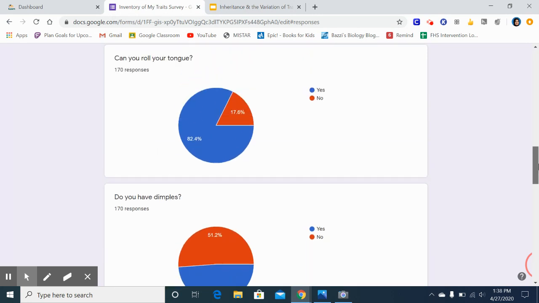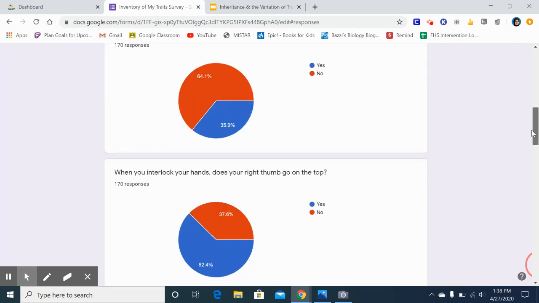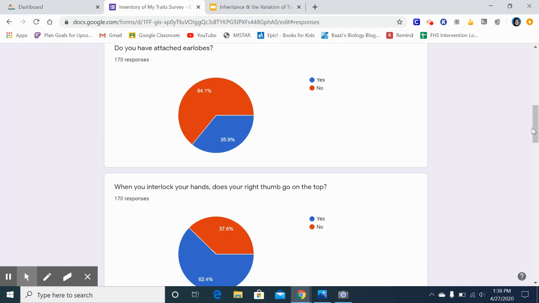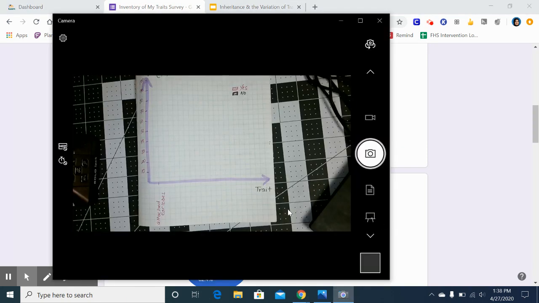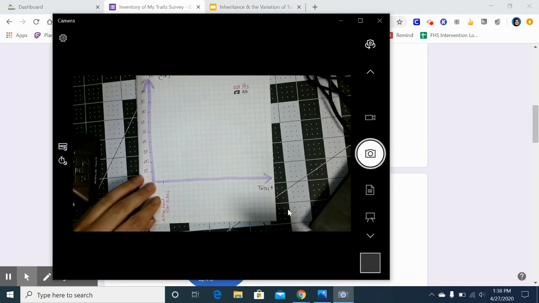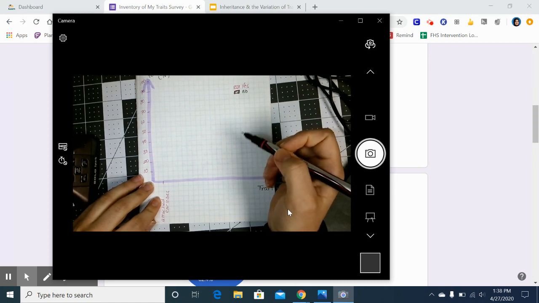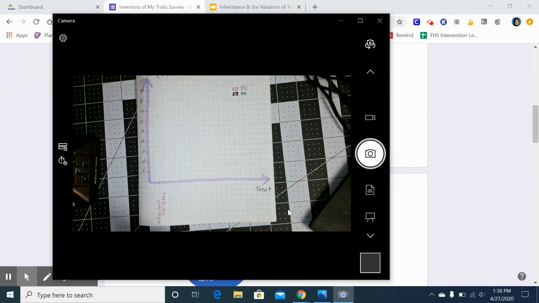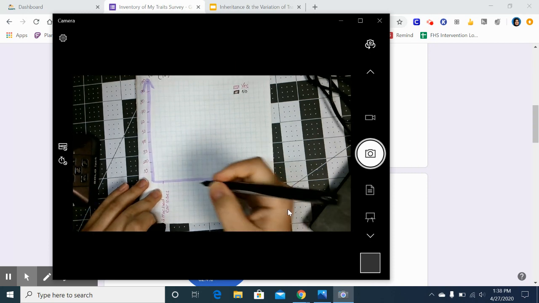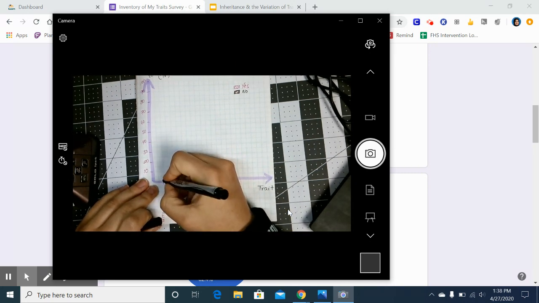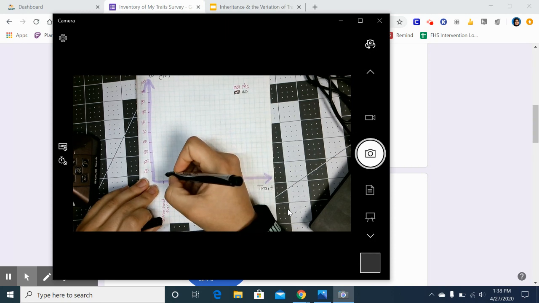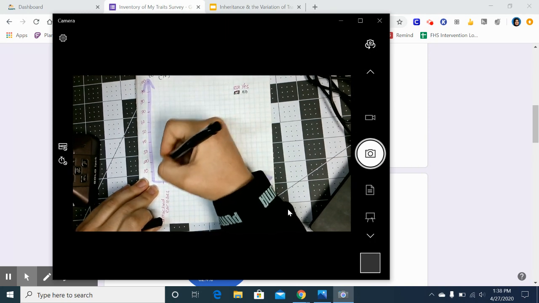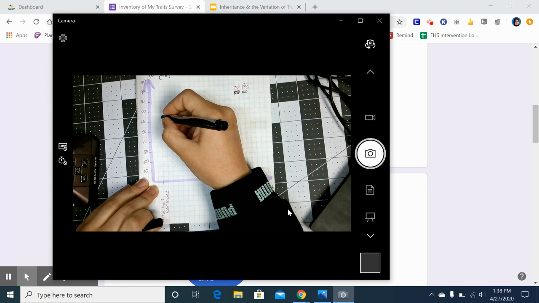And let me go back in here and find out the percentage. It says here that 64% of the people said no. And so what I'm going to do, I'm going to go back to my camera and use the code or the key for no, which is black box. 64% would be somewhere in the middle between 70 and 60, a little bit under the 65.